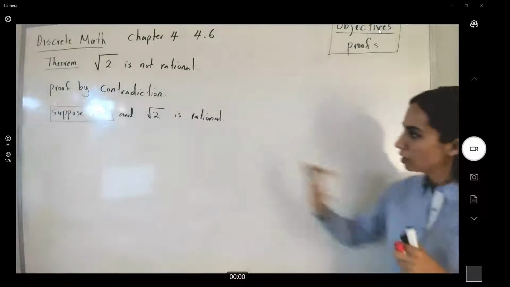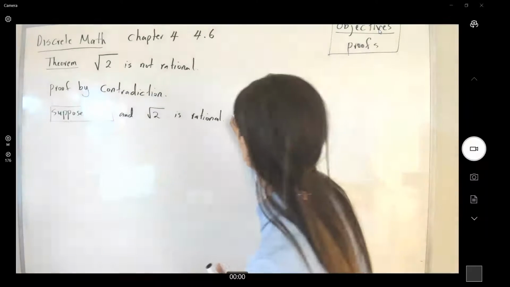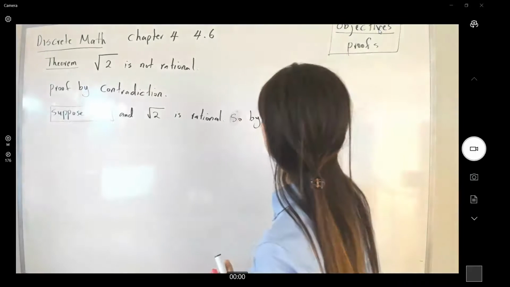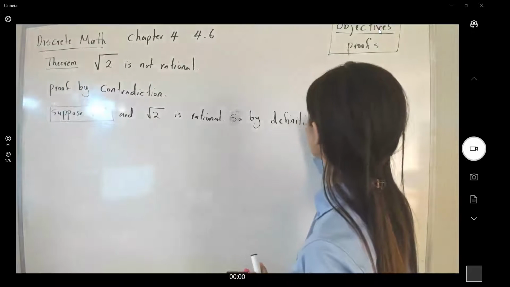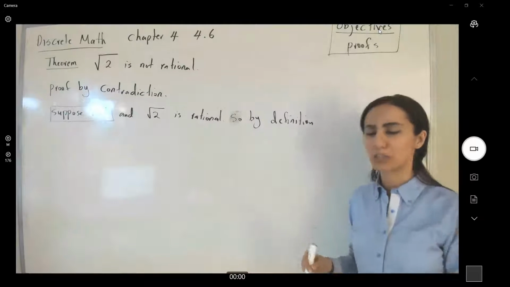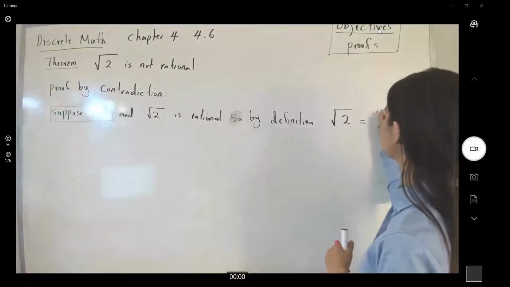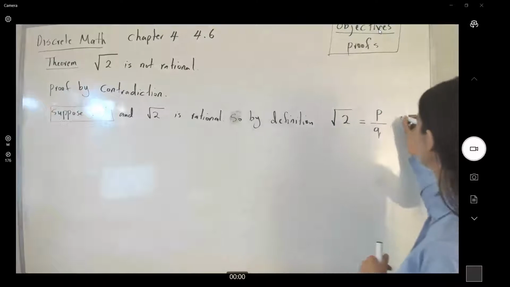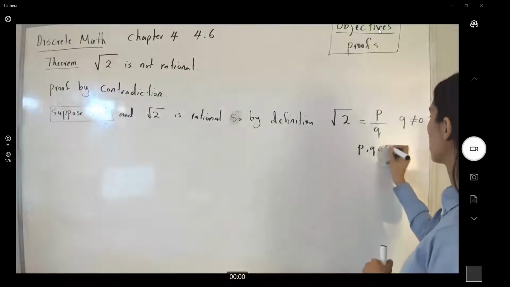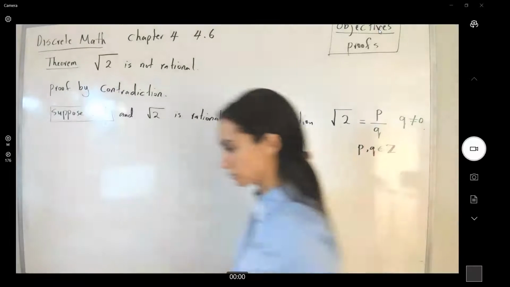So since it is rational, remember that by the definition of a rational number, we can find P and Q, both integers, where the denominator is never 0, and the square root of 2 is equal to P divided by Q. So this is the definition.